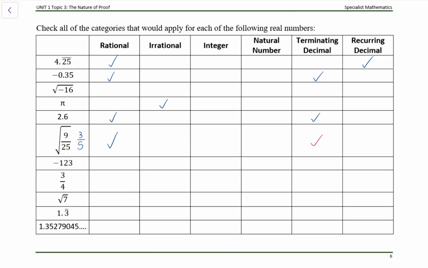Negative 123 is rational, and it is an integer. 3 over 4 is rational, and if it was to be changed into a decimal, it would be terminating. Square root of 7 is irrational. 1.3 recurring is rational, and it's a recurring decimal.